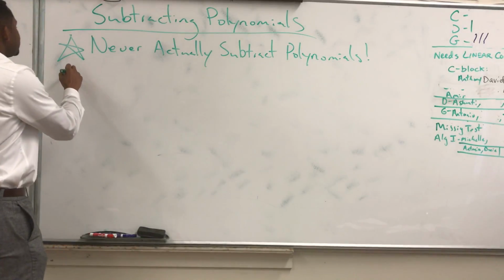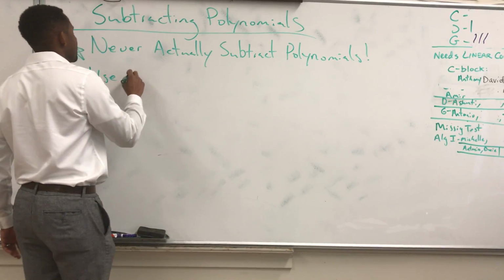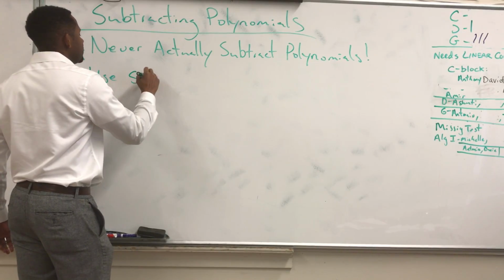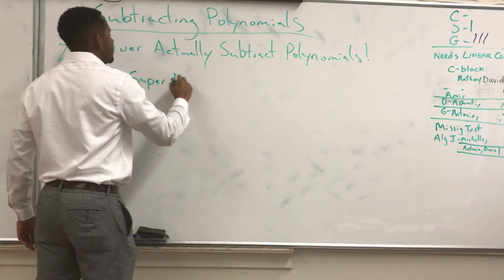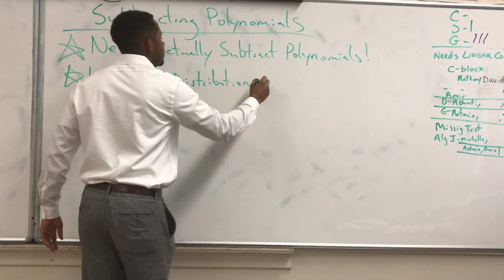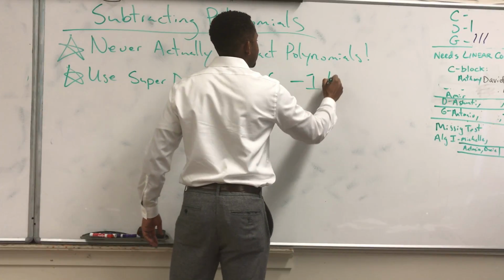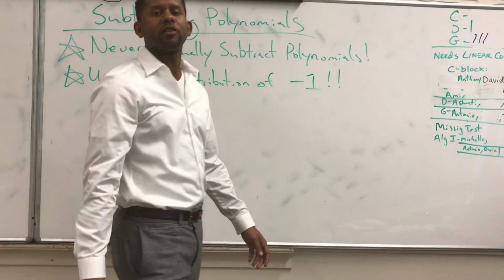We are going to use what I call a super distribution of -1. Okay? So we're never going to subtract.